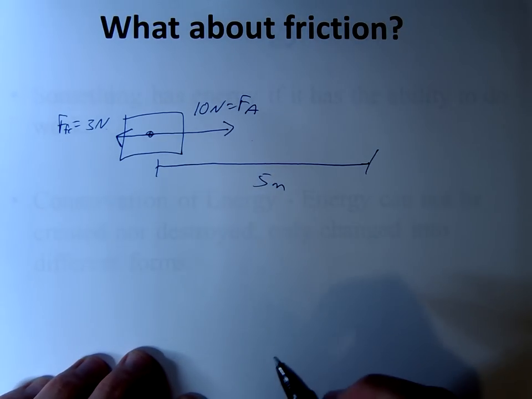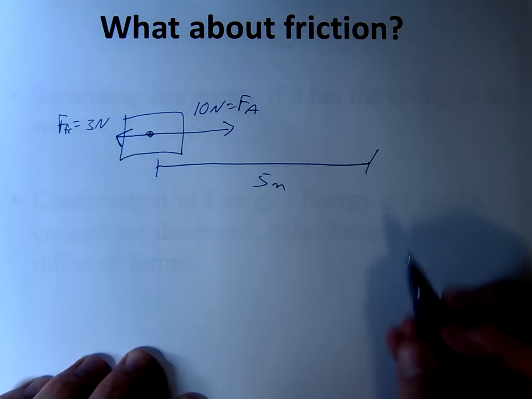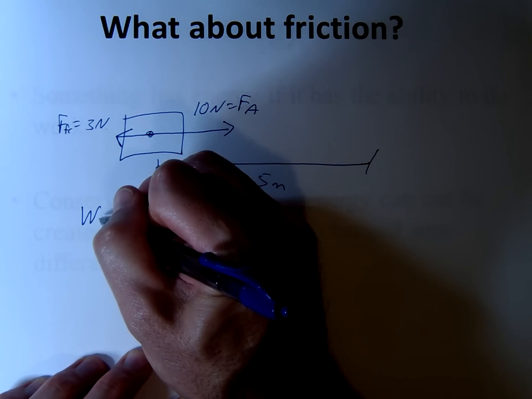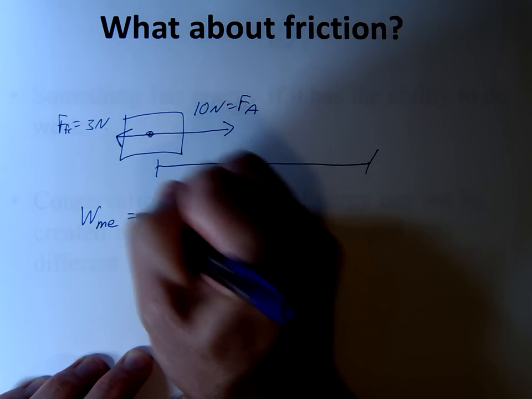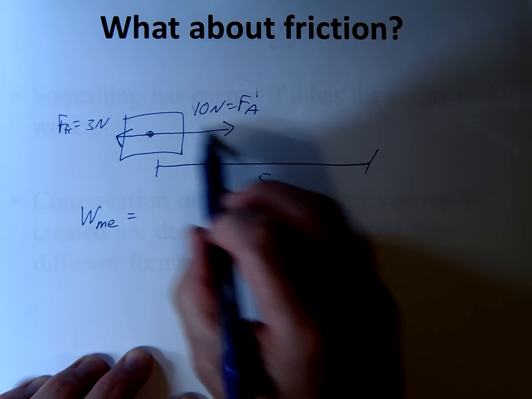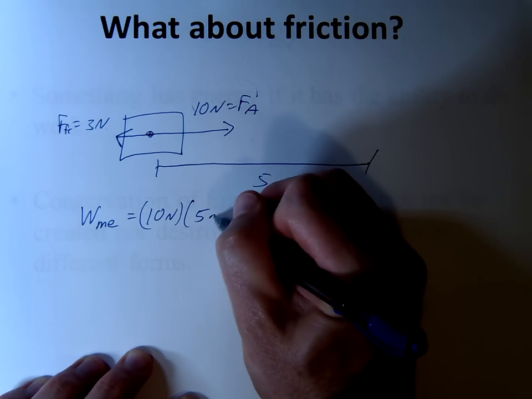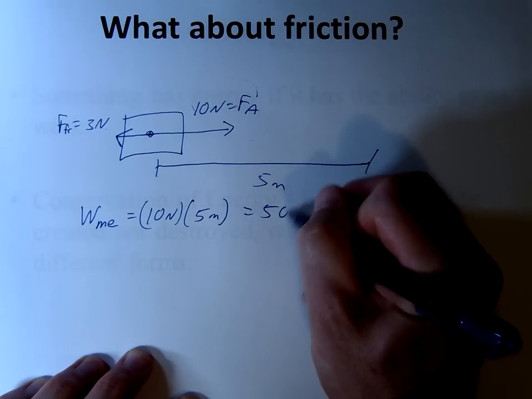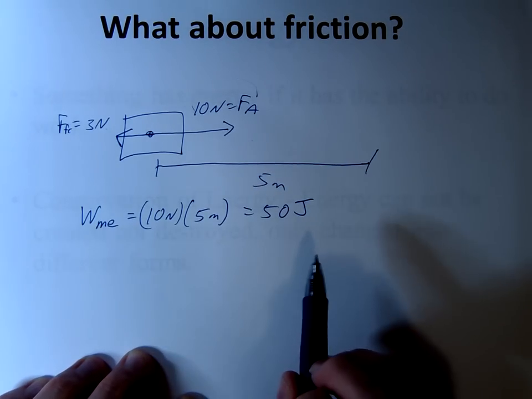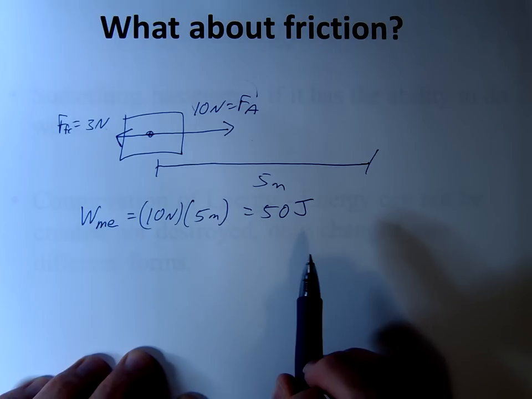How does that change it? Well, the answer really is, what are you looking for? Who's doing the work? So for example, if it's the work of me, well, that's just my applied force again, which would be 10 newtons times 5 meters, 50 joules. Notice that that is exactly the same as the one we did before.